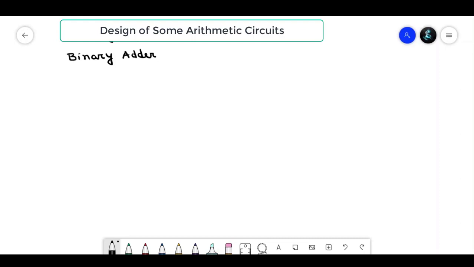Binary adders are basically of two types. The first one is the serial adder and the second one is the parallel adder. So these two are binary adders.